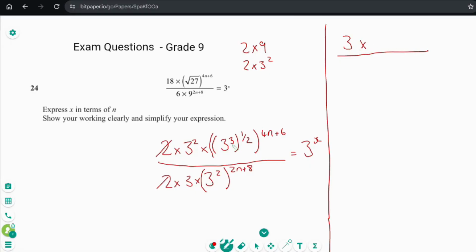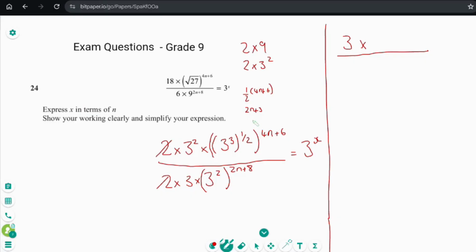We've got power to a power to a power, so we're multiplying everything here. So I would work out half times 4n plus 6 first, which is 2n plus 3.